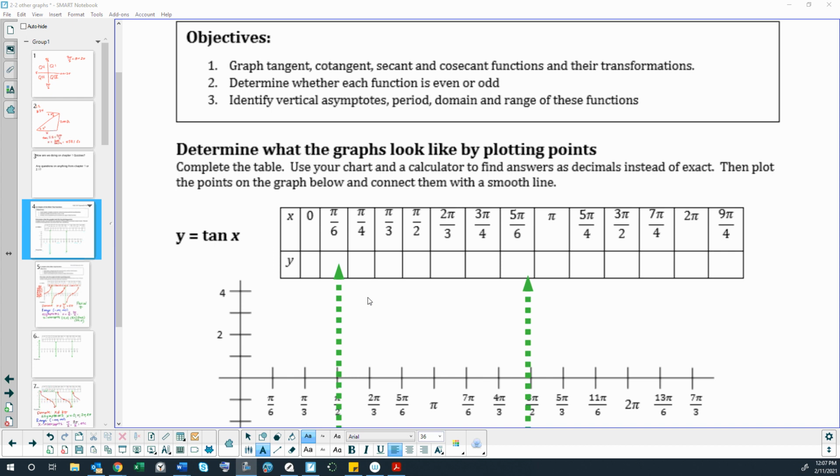So going to the chart we've been memorizing, remember, we can find tangent just by going sine divided by cosine. So for 0, it would be 0 divided by 1, which is 0. So we'll have a point at 0, 0. What is the tangent of pi over 6?